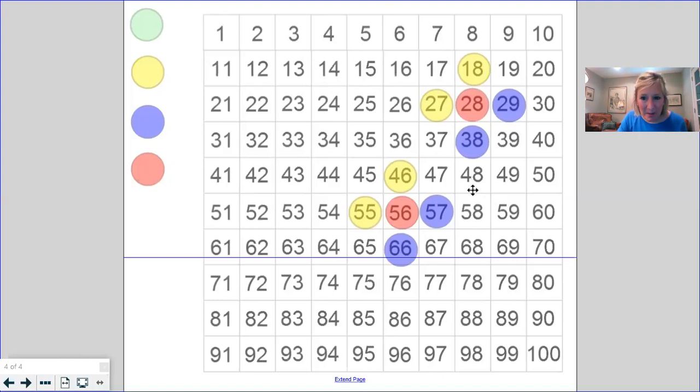That means I am moving down 3 spaces for 3 tens. Every time I move down on the hundreds chart, it's 10 more. Every time I move up from a number on the hundreds chart, it is 10 less.